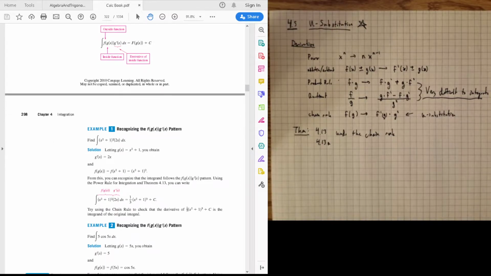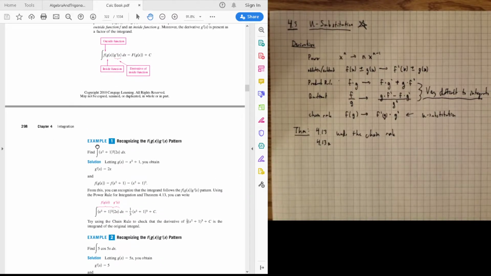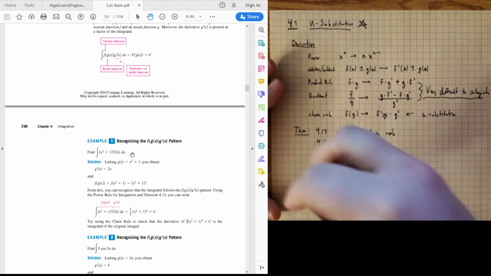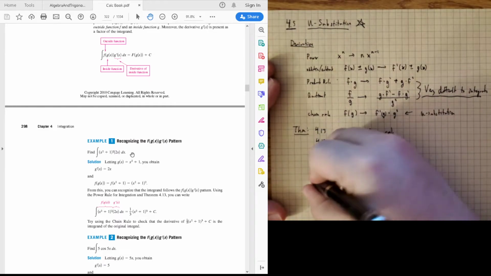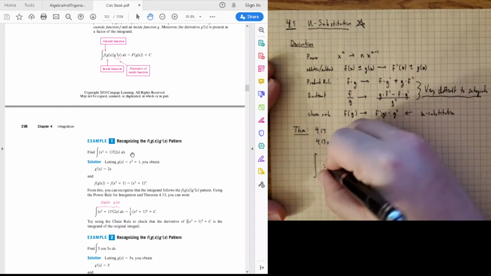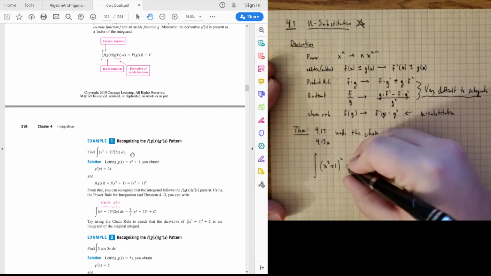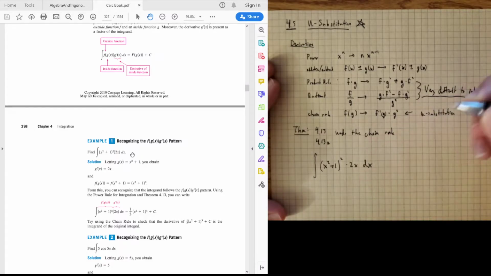Okay, first example, right here. We have the integral of x squared plus 1 squared times 2x dx.